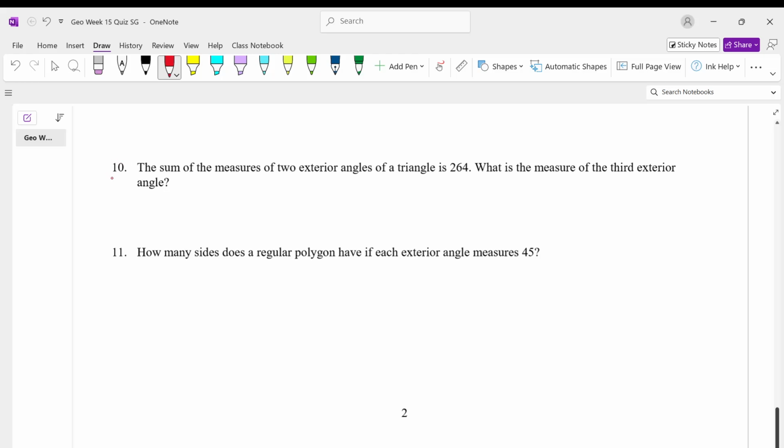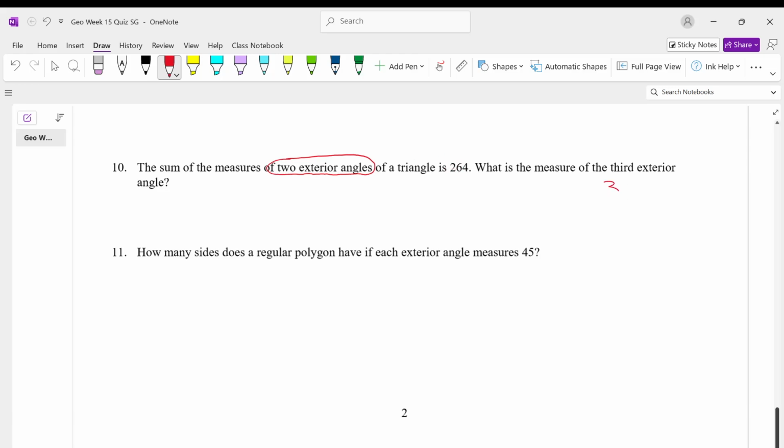Problem number 10. The sum of the measures of two exterior angles of a triangle is 264. What is the measure of the third? So a triangle has three sides, so it has three exterior angles. Those three exterior angles need to sum 360. So they're telling you that two of them sum 264.